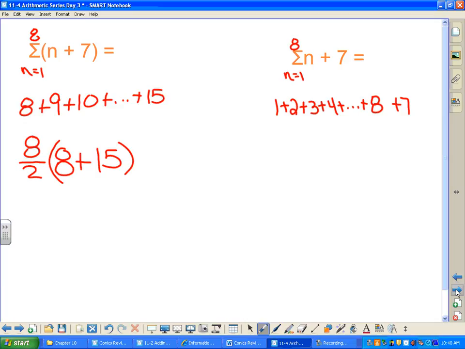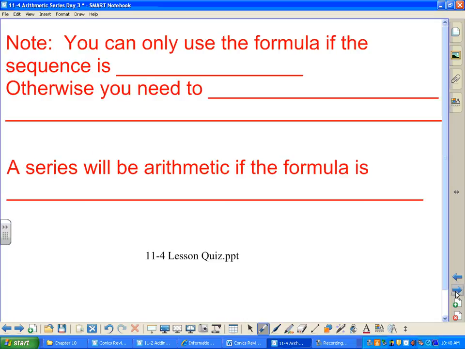Okay, then, I just wrote this down as a note. It says you can only use the formula if that related sequence is arithmetic. If it's not an arithmetic sequence, once you take out the addition signs, then what do you need to do? Natalie, what did we do? If it's not an arithmetic sequence or series, how are you going to figure it out?